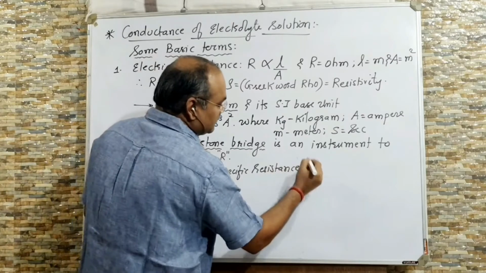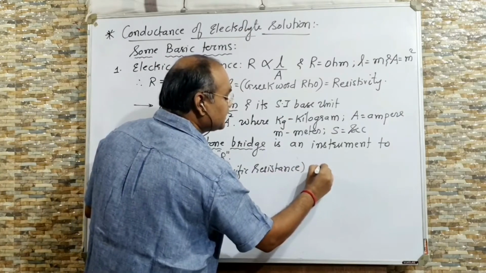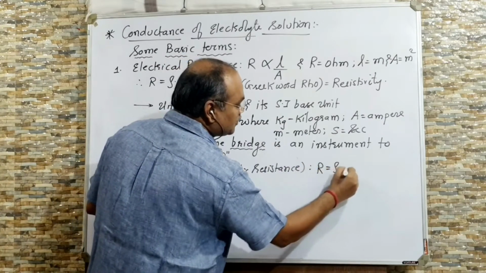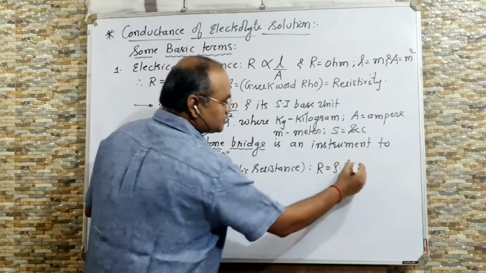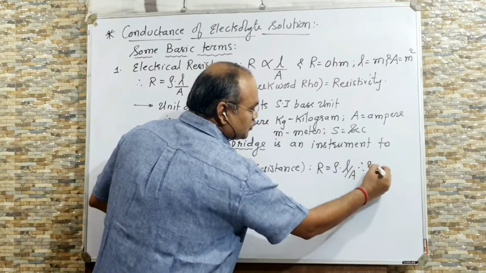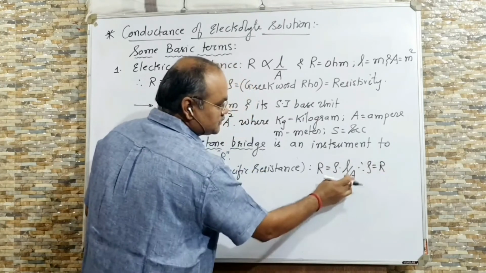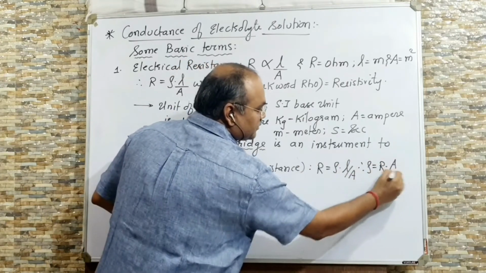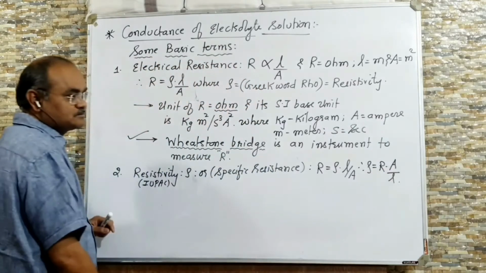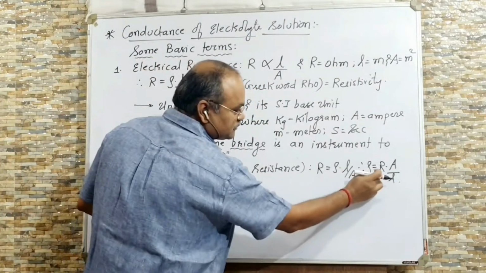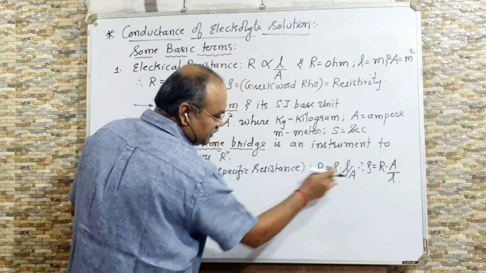Now we know that R is equal to rho L by A. So therefore, what is rho? Rho will be equal to R into A by L.